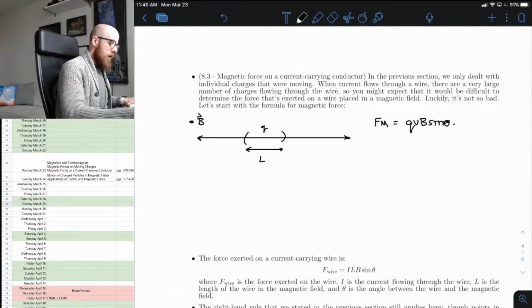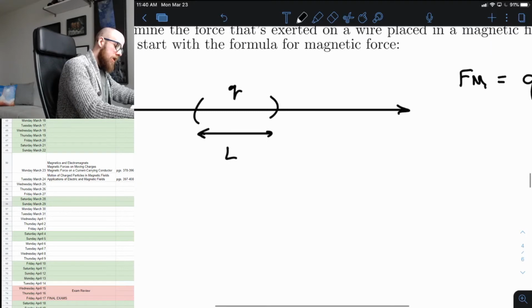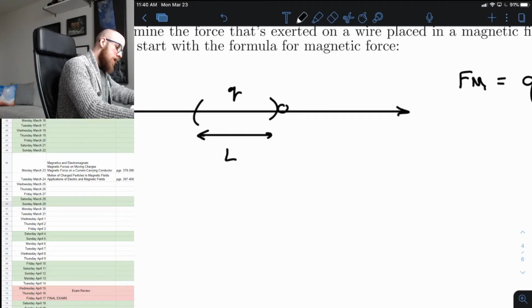Okay? So let's imagine that we have a little charge hanging around here. If this charge is moving, flowing through the wire, let's say it moves a distance L in a time delta t.